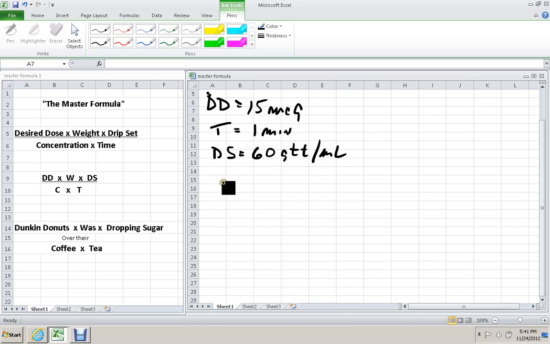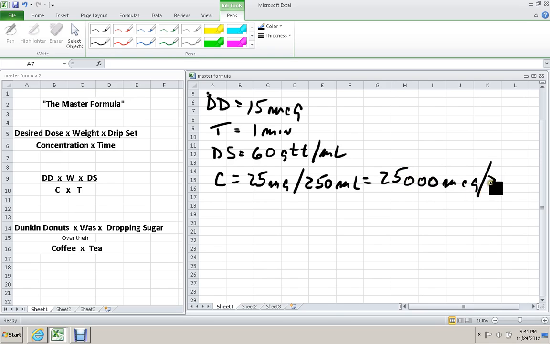The concentration, nitroglycerin in this example, has 25 milligrams in 250 mLs. So converting that into the same units as the desired dose, that's 25,000 micrograms in 250 mLs, which is equal to 100 micrograms per mL.